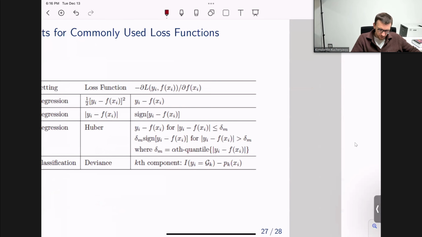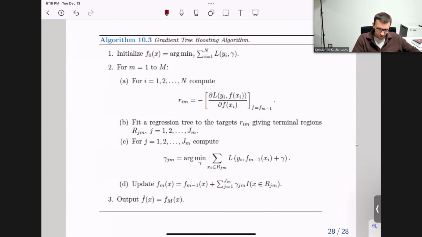Let me skip this and go over the gradient boosting algorithm steps. The gradient tree boosting algorithm works like this. We start by minimizing the loss function by choosing just one value gamma.